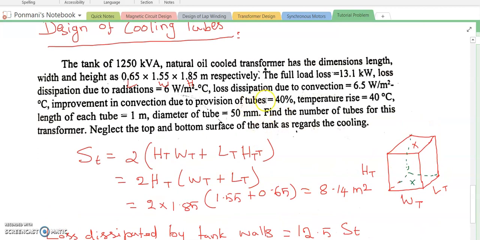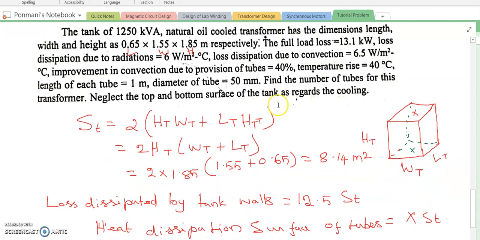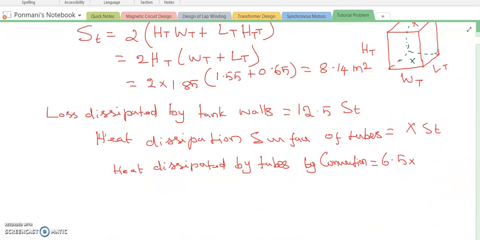Actually, in the theoretical portion we have considered it as 35% more, but now it is given as 40%. So it is 140 out of 100, and it is x times of ST. So on calculating this, we will be getting 9.1 times x times of ST as the heat dissipation surface by convection due to tubes.